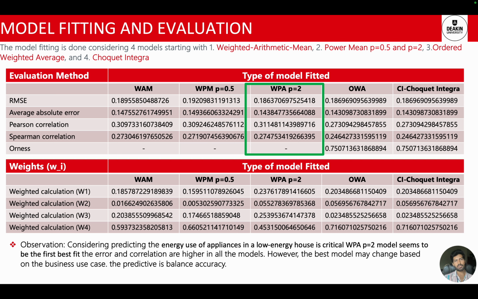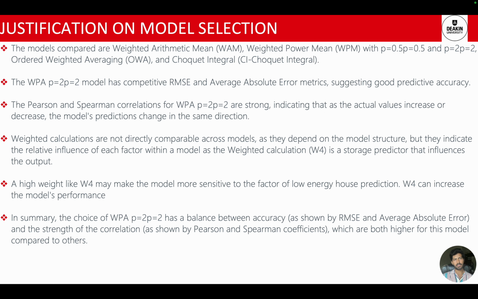So based on all the models, we can see here that the RMSE is the lowest, and the correlation is also the strongest. This is one of the strongest reasons why we are selecting WPA with a p-value of 2. So here is our clear justification.